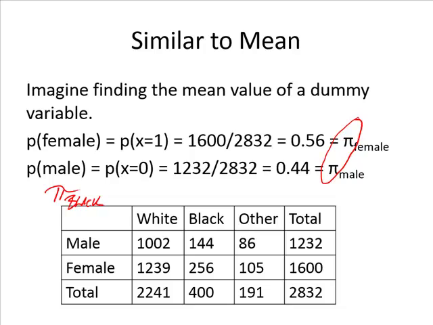Yeah. So there's 400 total black respondents out of 2832. So that's like 1 in 7. So we're all okay with the idea of the concept of a proportion. Hope so.